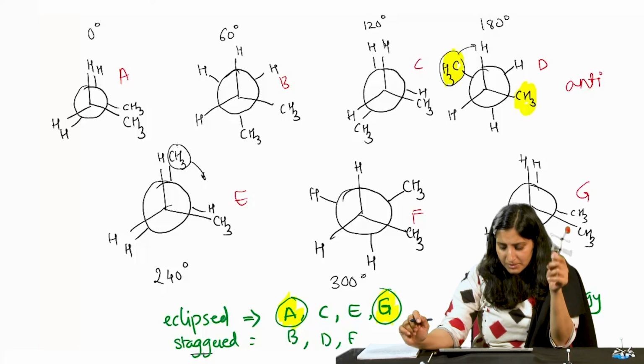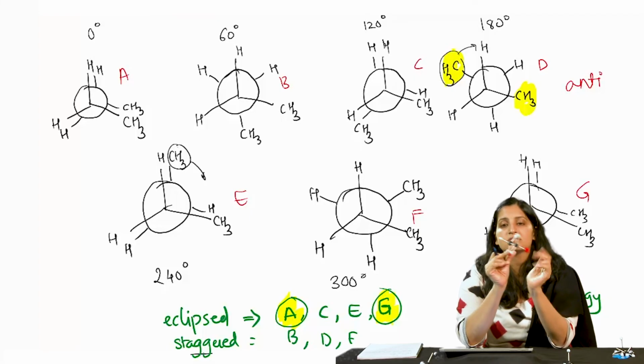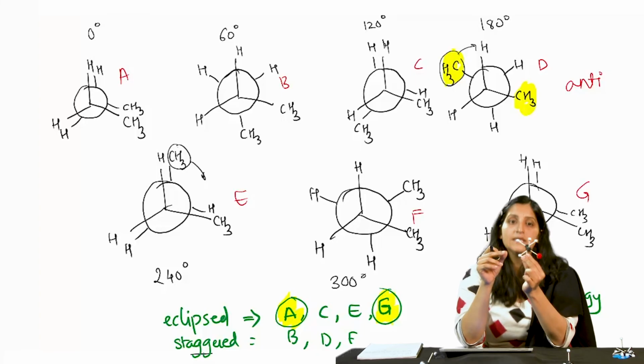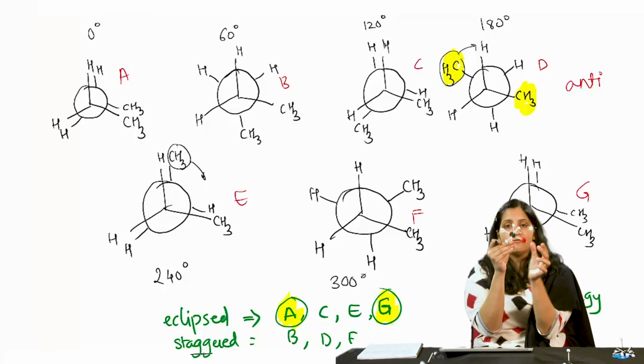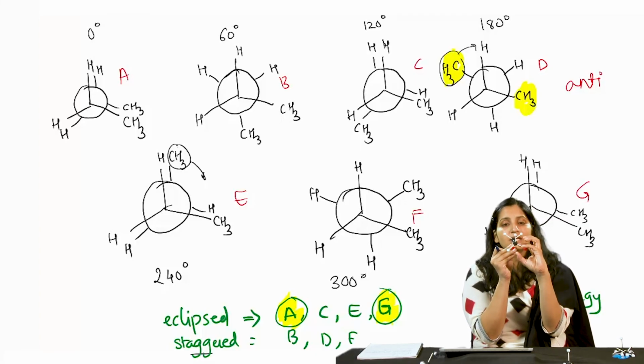If you look at B and F, in B and F what you have is something like this. So, this is for example currently B. Now, in B and F, these two methyls are still in the close vicinity of each other. They are not eclipsing, but they are in close vicinity because they are staggered with each other. This particular methyl group occupies a space.